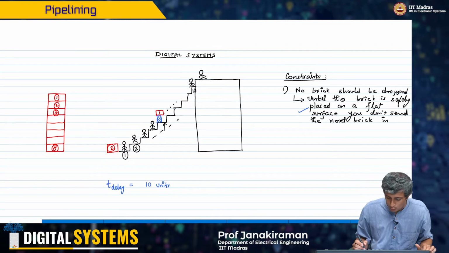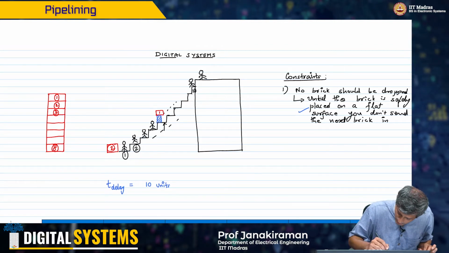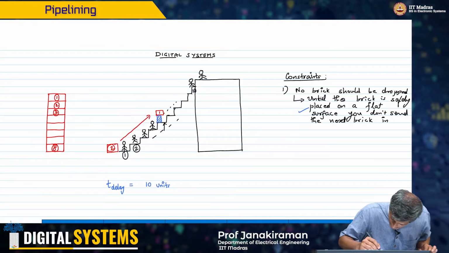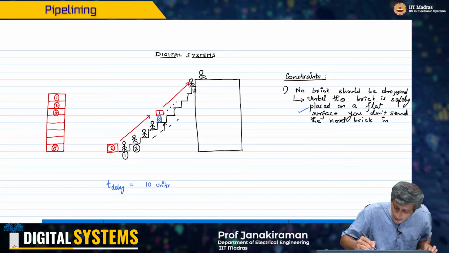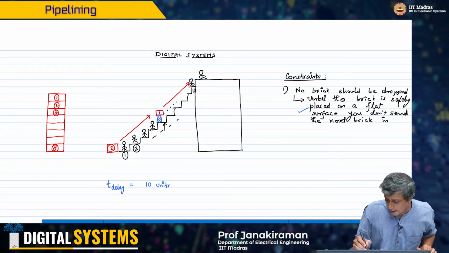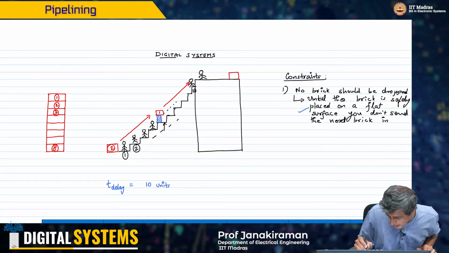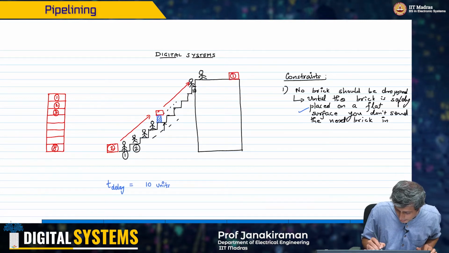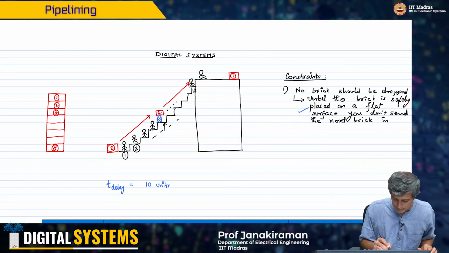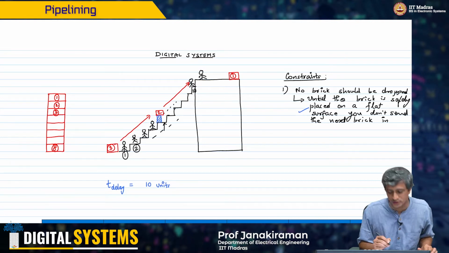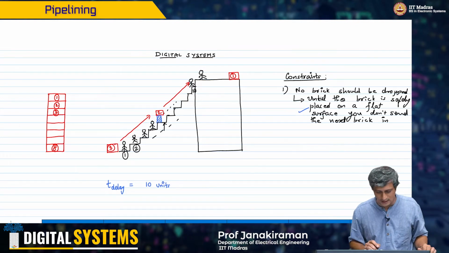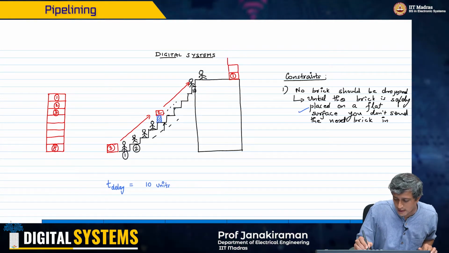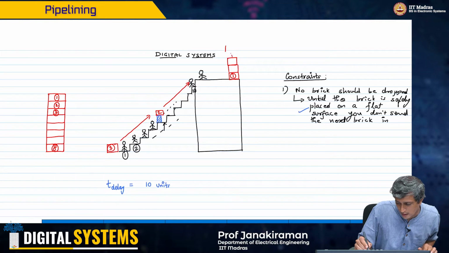While the second brick is making its way up to this pedestal, the first brick will be making its way up here, and eventually brick number 1 comes here. Then by the time brick 2 is here, you can feed brick 3 into the system. Likewise, you will continue doing exactly this job, and you will eventually get all the bricks here.